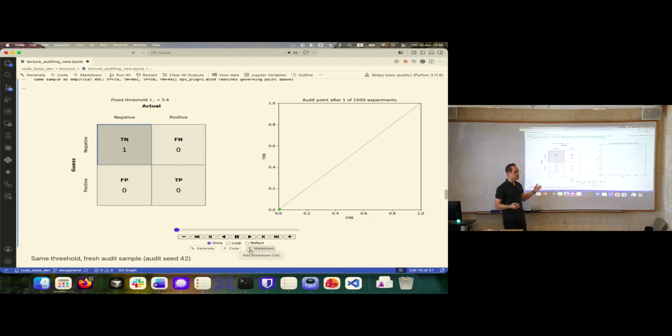Now, what is the distribution of possible ratios I will actually experience? It has a name, this distribution. What kind of distribution is this? This is a binomial. Why? Because every experiment is independent of the previous ones.